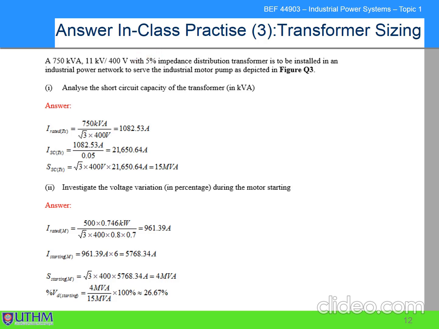We divide I rated by the ratio to get I short circuit. Then S short circuit is equal to square root 3 times 400 volt times I short circuit. The value is 15 MVA.